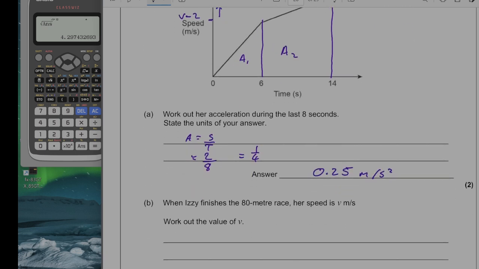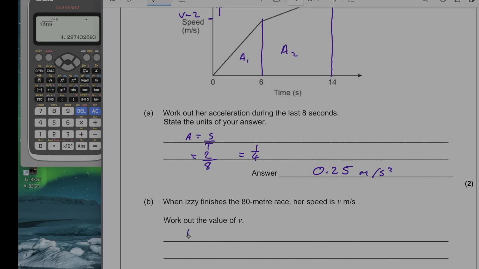Right, so first of all, we've got a triangle. So A1 would be a triangle that is 6 wide, and the height is going to be v minus 2. And then the second shape is a trapezium, which is going to be a half of v minus 2 plus v times by 8.